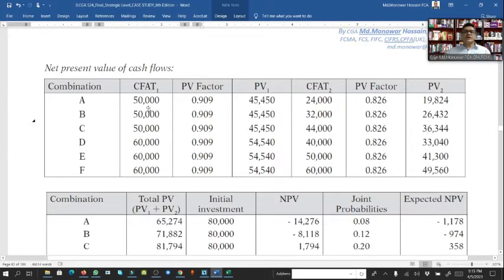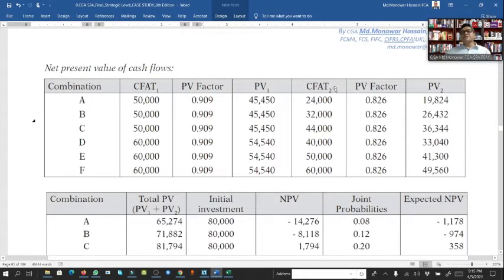So 50,000 multiplied by 0.909 gives 45,450. In the same way, in combination F, 60,000 multiplied by 0.909 gives 54,540.